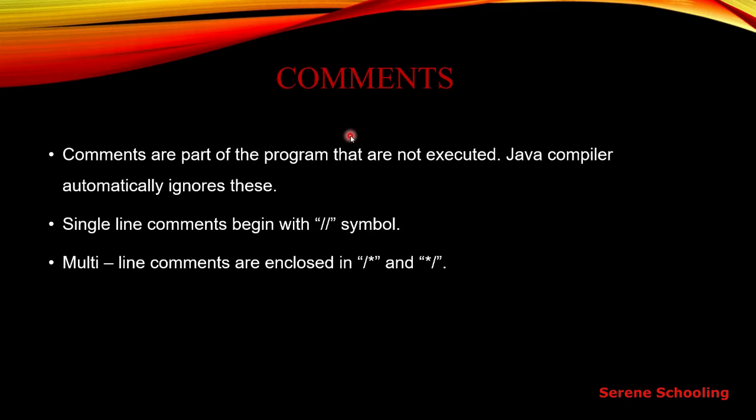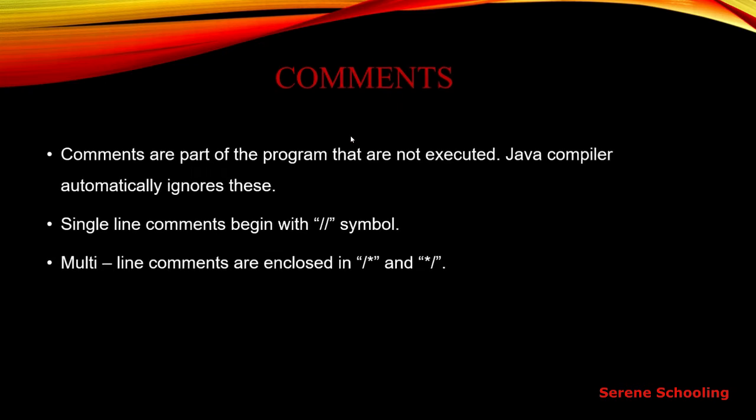They are only for the user or the client. They help you determine what a code does or what a method does. They have a vast number of uses. I'm sure you will also find one. Single line comments begin with a double forward slash, and multi-line comments are enclosed in these. We will see more about these today.